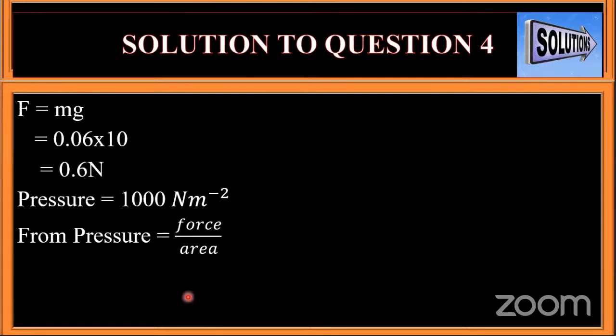That means that our pressure is 1,000. Where there is pressure, we substitute 1,000. Where there is force, we substitute 0.6 newtons. So we shall have 1,000 as the pressure and 0.6 as the force. Is that okay? Yes.